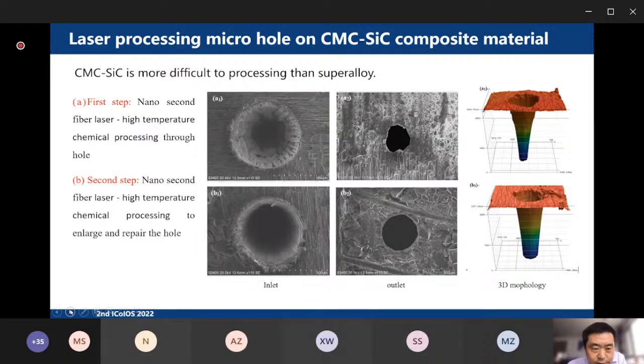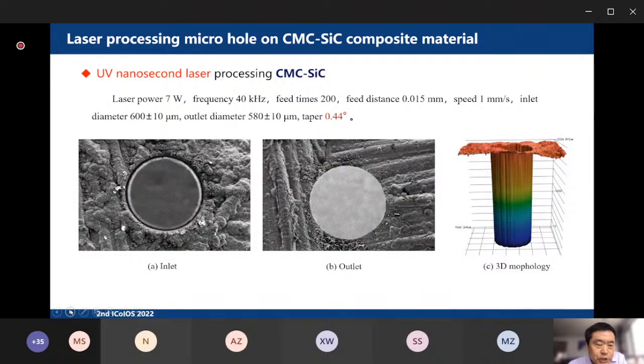Please, next. So we changed to another laser, the ultraviolet nanosecond laser. This kind of laser is better than the nanosecond fiber laser, because this kind of material is non-metal material. So we can see the microhole is better than with the nanosecond fiber laser.